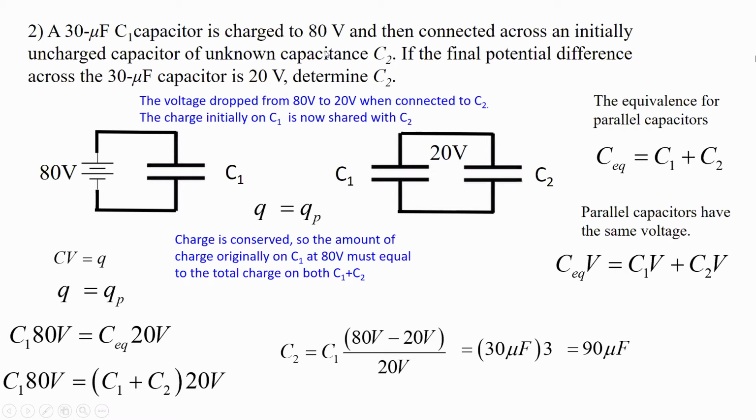And then once the voltage drops on C1, you know how much charge was lost, how much charge was given up to C2. So that's another way of solving the problem without even going through the equivalence. Just calculating the amount of charge that was transferred from C1 to C2 would bypass the need for doing the equivalence.